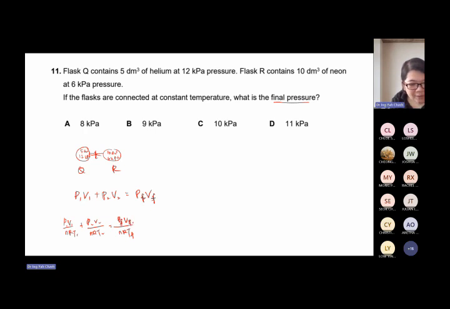It should be like this, but I actually removed the temperature, because they say the temperature is constant, right? So I removed the temperature. They're all the same. Then n and R, the number of moles, are also the same, right? So I remove them. That's why at the end I simplify to this. I realize that people will always ask this sort of question, so this simplified formula can always be used for this sort of question.